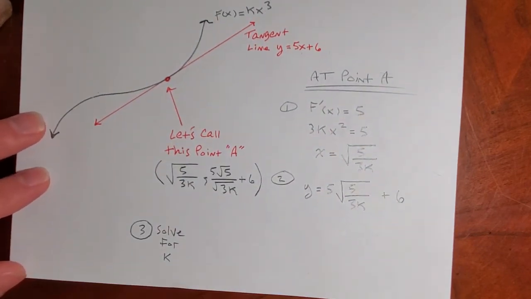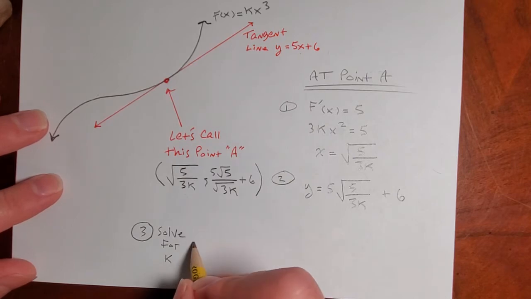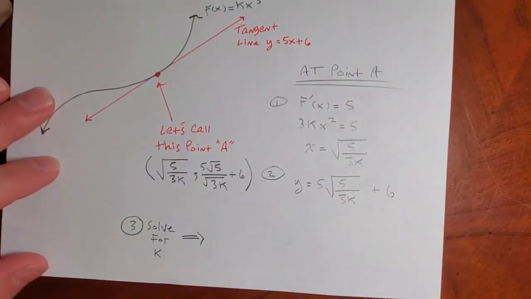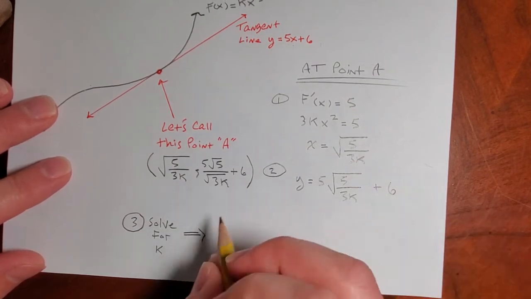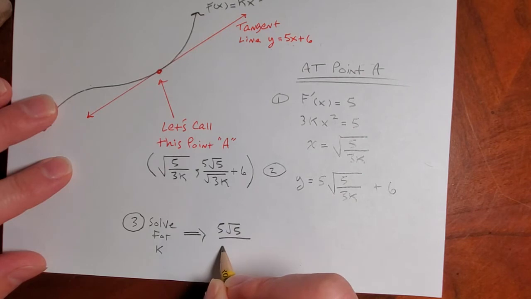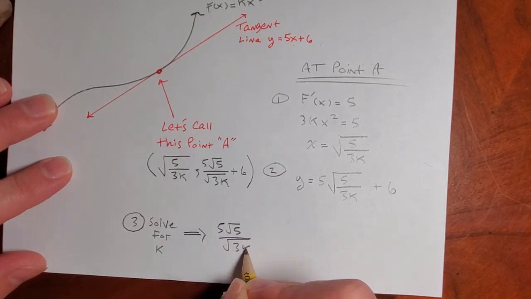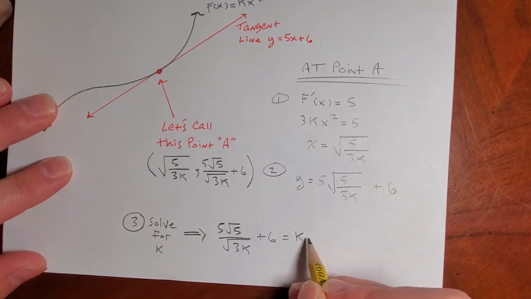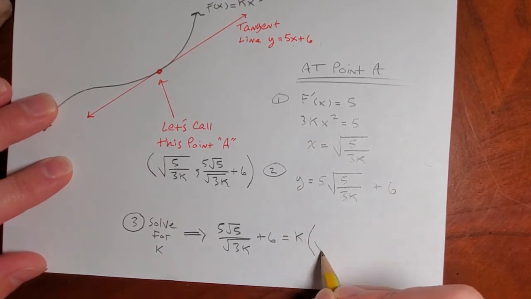So think about it for a second. What would that look like? Also, the equation is y equals kx to the third power. So let's see. y, 5 root 5 over root 3k plus 6 equals k times x.